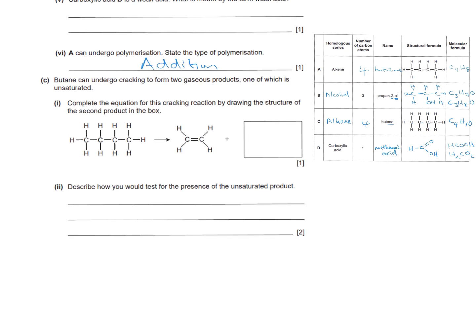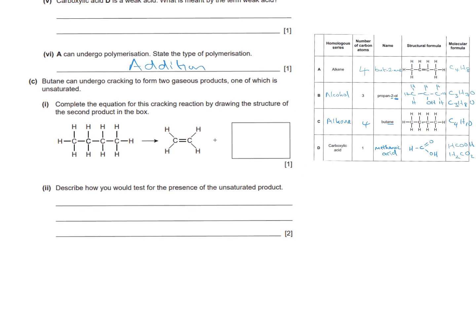C, let's move this up. Cracking question. A long chain molecule is broken up into a short chain hydrocarbon molecule and an alkene. Both sides of the equation have to balance. There are 4 carbons on the left. So there has to be a total of 4 carbons on the right.